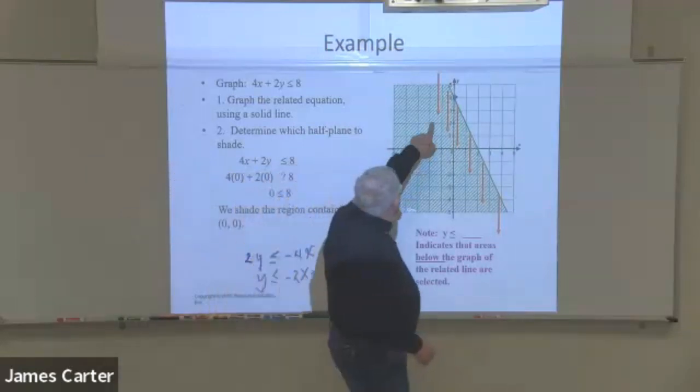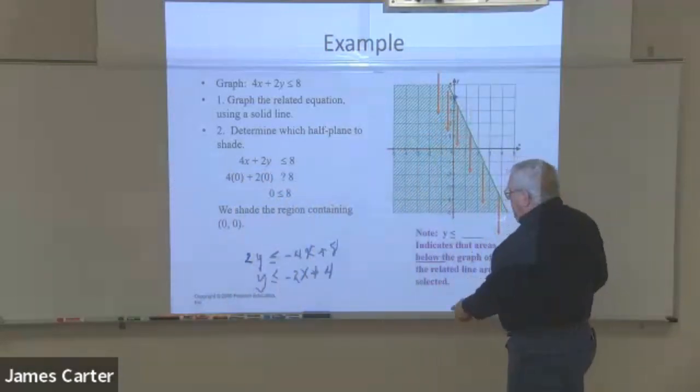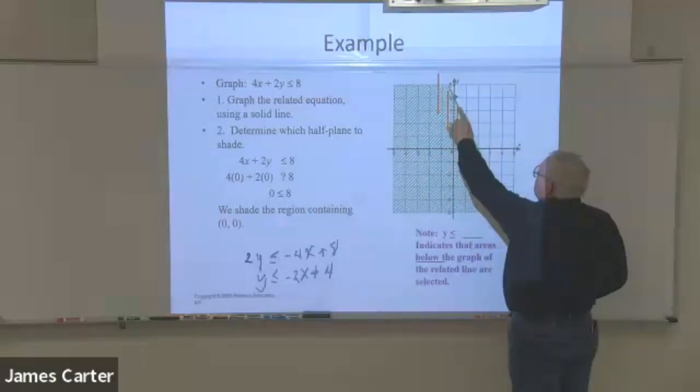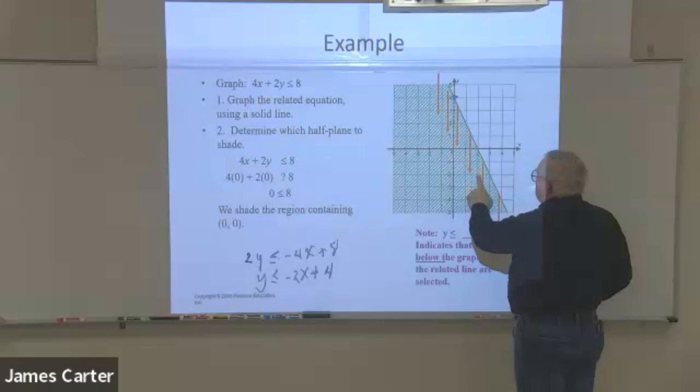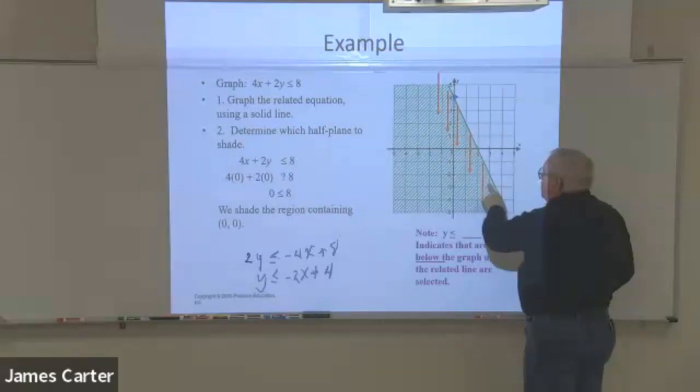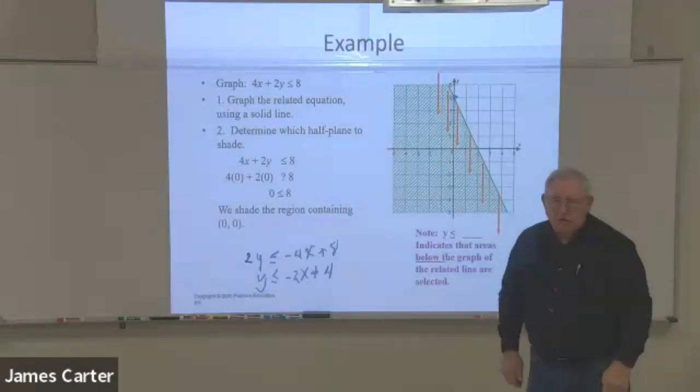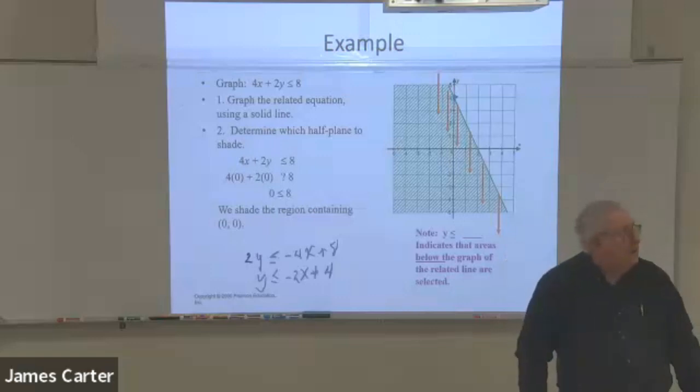So our y-intercept is 4. Slope is -2, down 2 over 1, down 2 over 1. This time with a solid line because it is an or equal.